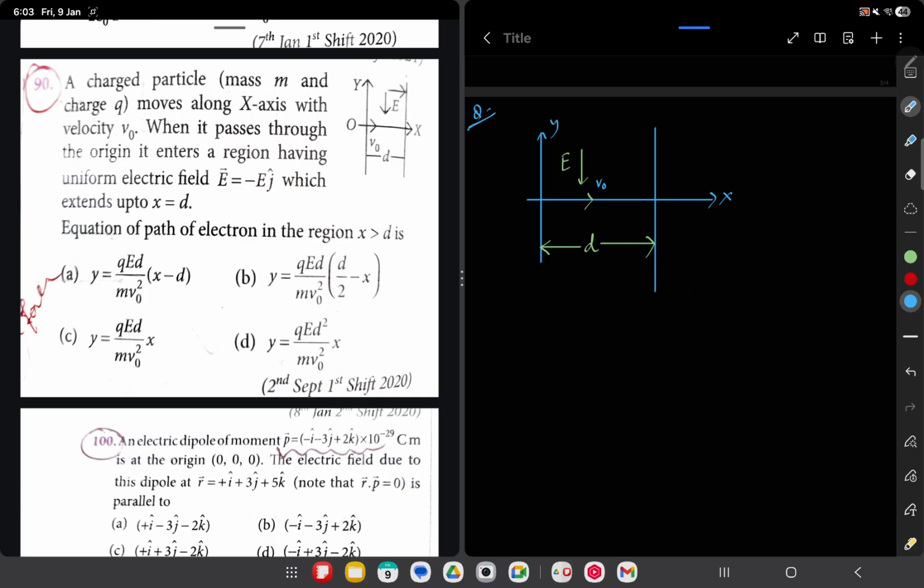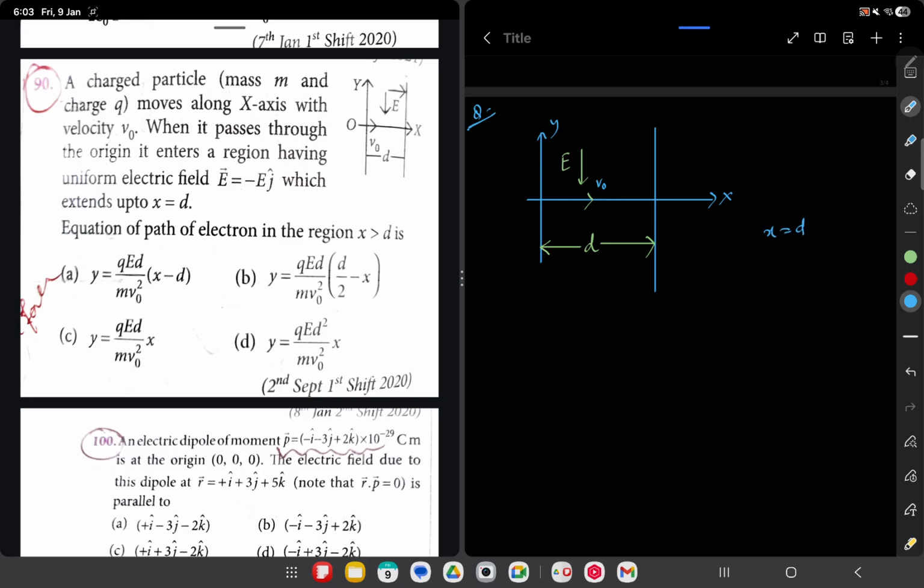So how to do this one? Let's say you need to find out the equation of the path in the region. I am interested in finding the position of the particle up to this position. So here the coordinate of x will be d, and the y coordinate of the particle I need to find out.